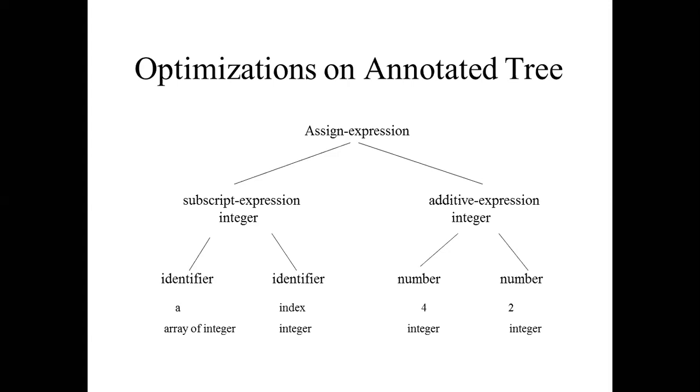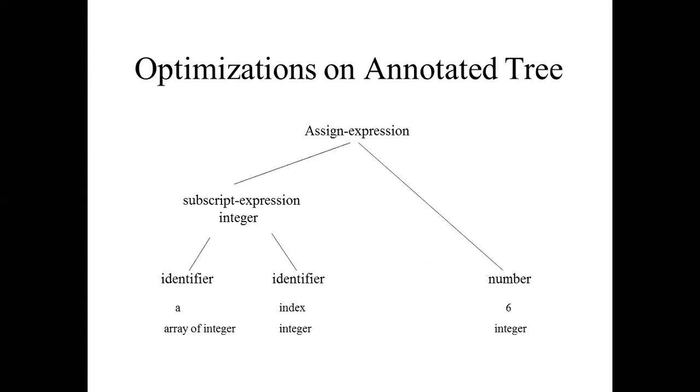We are doing the optimization here by removing those operator symbols. Now we have only identifiers and different numbers. So the assign expression is divided into a subscript expression and an additive expression, then identifier A, identifier index, and two numbers. So we are avoiding the different number of things.